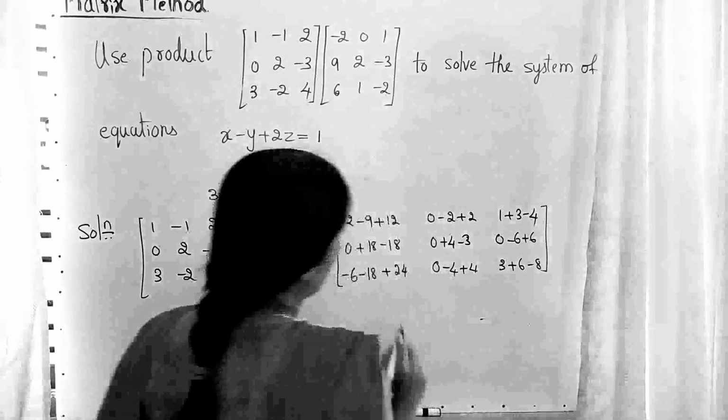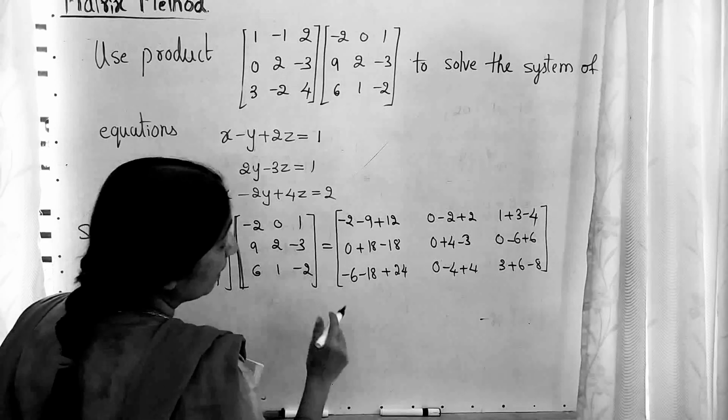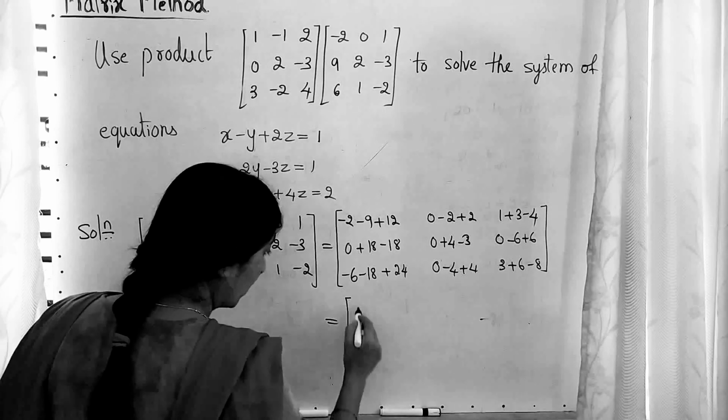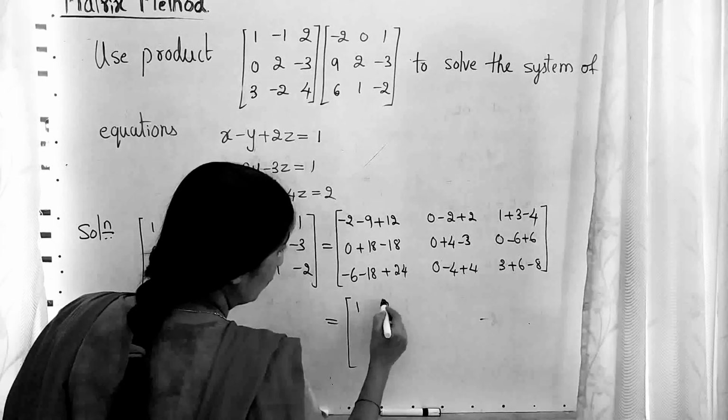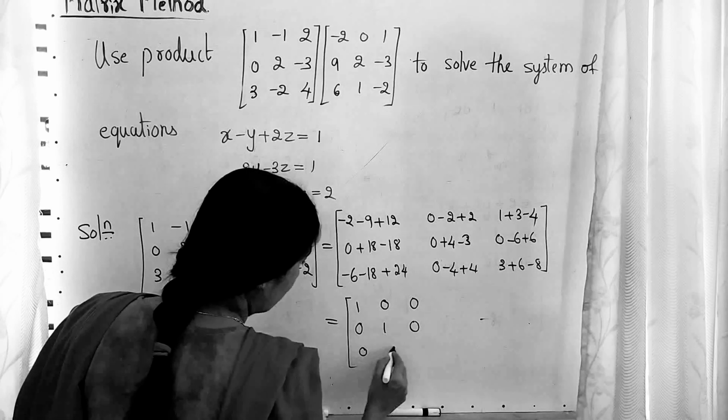Yes. Now simplify this. See, minus 2 minus 9 is minus 11. Minus 11 plus 12 is 1. It is minus 2 plus 2, 0. Next, this is 0.